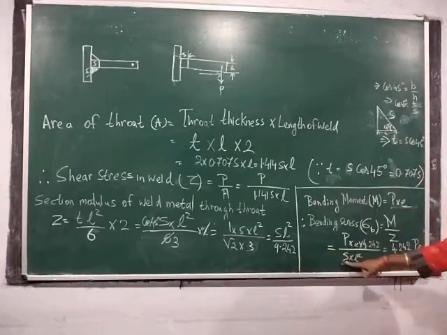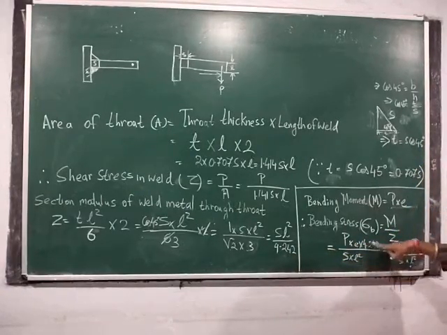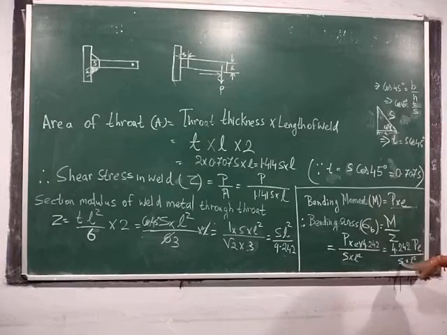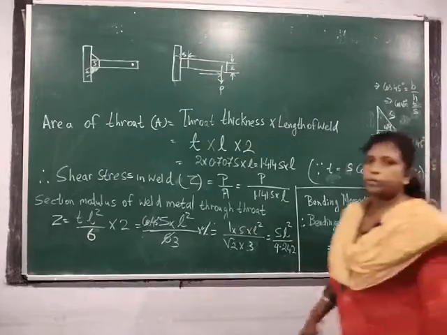So S L square is written here, and this comes here, and we are getting the answer: 4.242 P into E divided by S into L square.